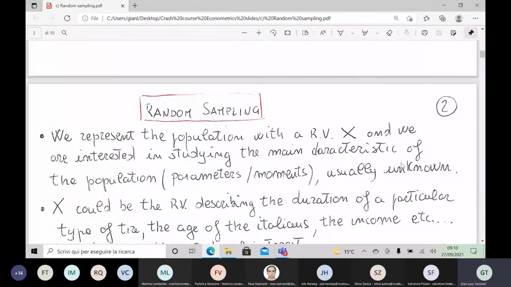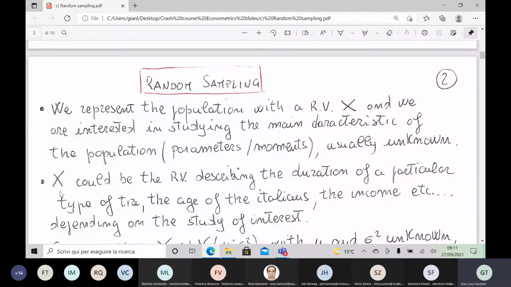As I told you in the first lecture, parameters are constants characterizing the population, so they are characteristics of the population, typically unknown. And you know that a random variable has its own distribution, has its moments, and the moments of a random variable are constants.